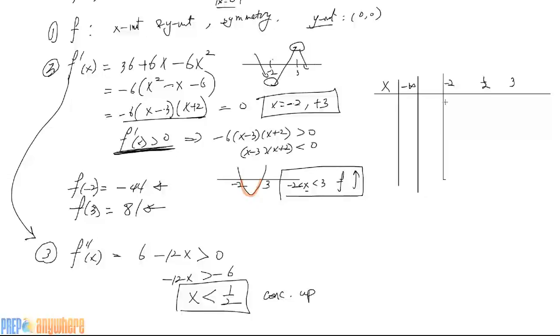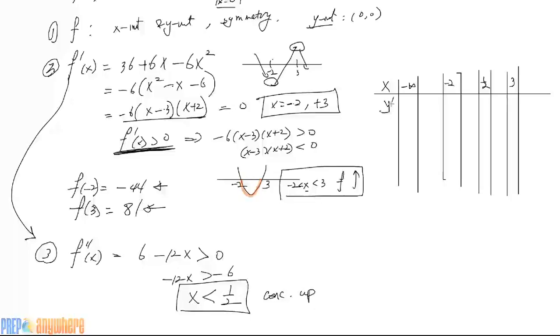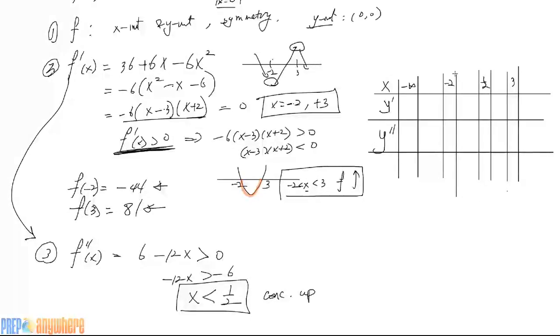Okay? Okay, and then I'm going to put all the information I know about the first derivative in the second row, and the second derivative in the third row. And then in the last row, I'm going to actually put down the values of y. Okay, and the last thing here is infinity.